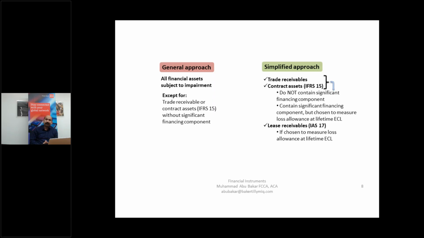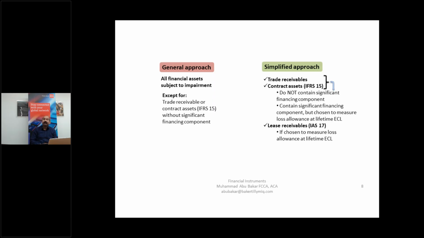See, for those trade receivable that do not have an IFRS 15 financing element, the loss allowance is measured at the lifetime expected credit losses from initial recognition. Means you will be applying for those trade receivable the simplified approach. But for other trade receivable, what are the other trade receivables?